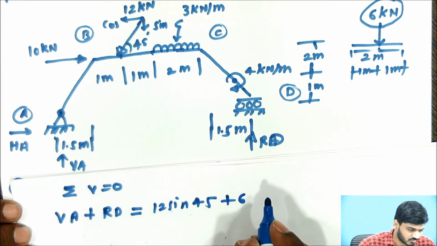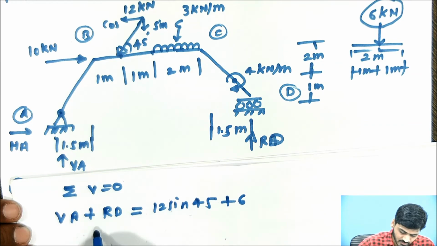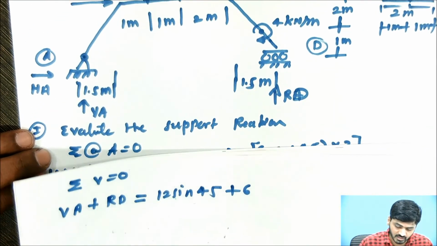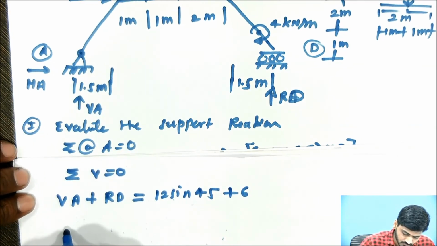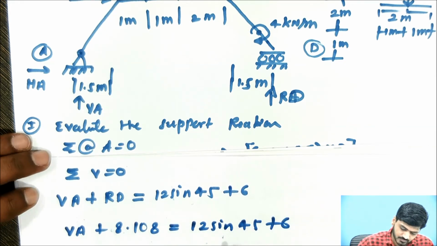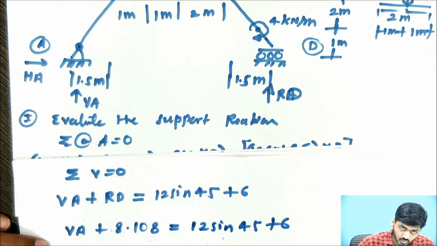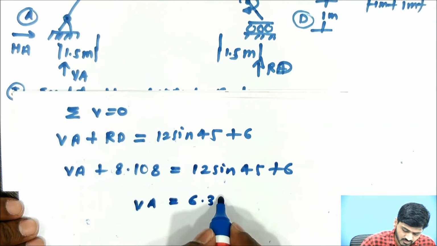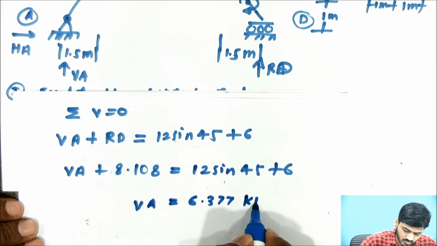Put the value of RD that you have already calculated, 8.108. So VA plus 8.108 is equal to 12 sine 45 plus 6. Do the calculation, and the value of VA comes 6.377 kilonewton.